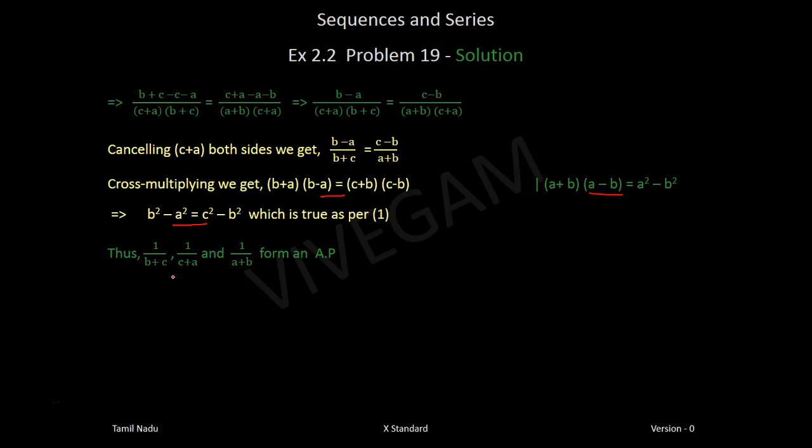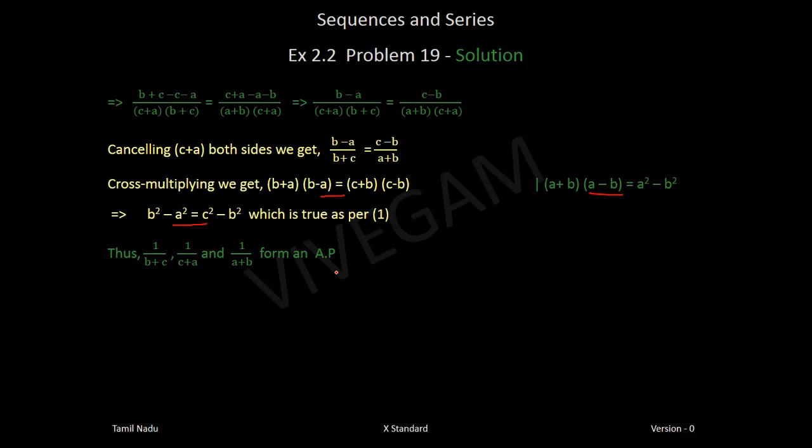Thus 1 by b plus c, 1 by c plus a and 1 by a plus b is an AP. Let me repeat the same condition in all the problems. They have given one series and they say that that is an AP, and they ask us to show that another series, 3 or 4 terms, is an AP.